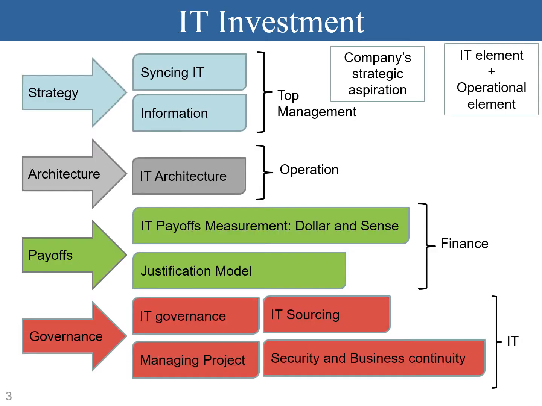Okay, as I explained earlier, the roadmap for this course is organized into 4 parts. Here you can see the details, which the parts are divided into chapters. In the strategy part, usually marketing and high level management will get involved.